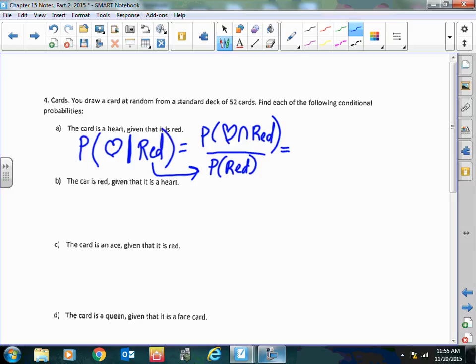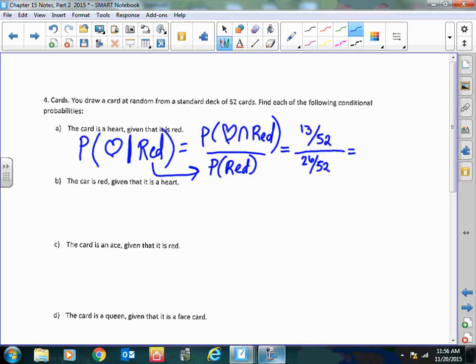So, what's the probability of getting a red card when you draw from the deck? 50%, because it's 26 out of 52. So that's half. What's the probability of getting a red heart out of the deck? A fourth of the deck, because it's 13 out of 52.